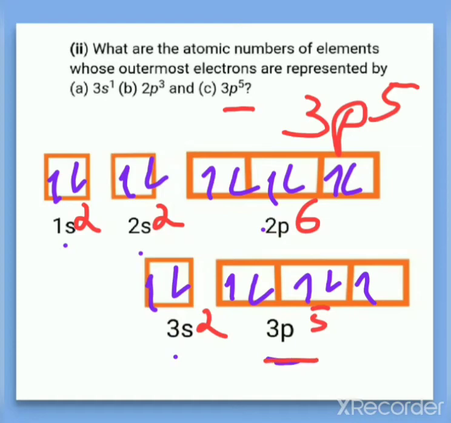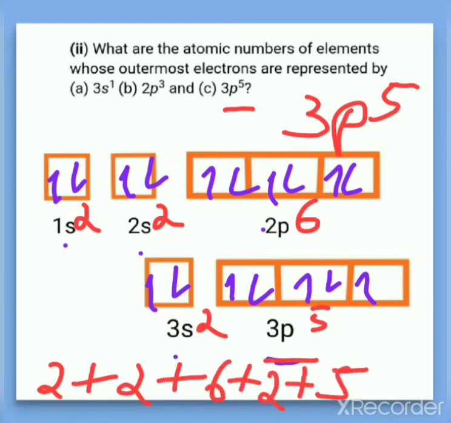So 2 plus 2 plus 6 plus 2 plus 5, when we make the sum, we get the number of electrons as 17. So 17 belongs to which element? That is chlorine, the correct answer.